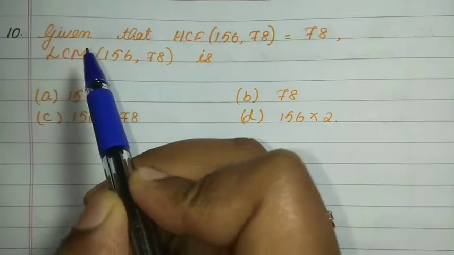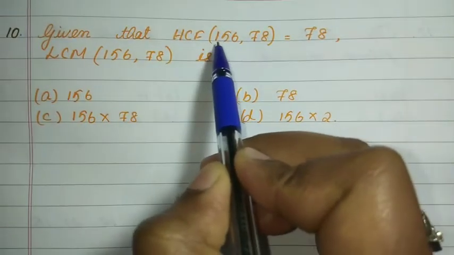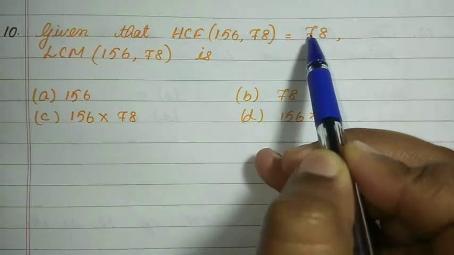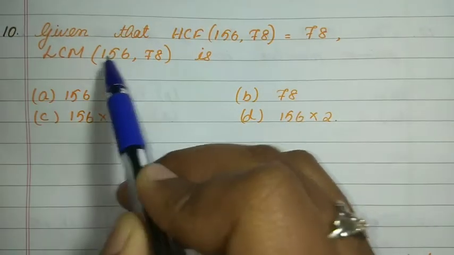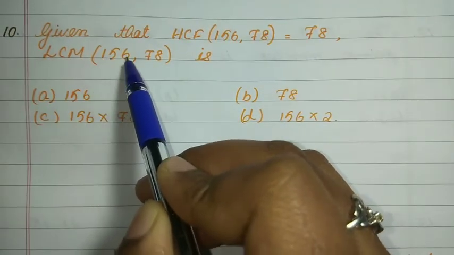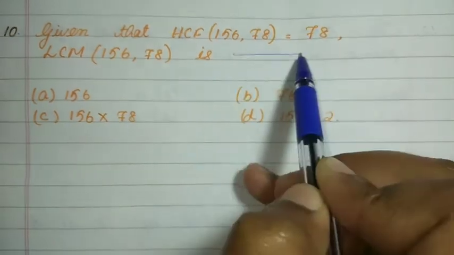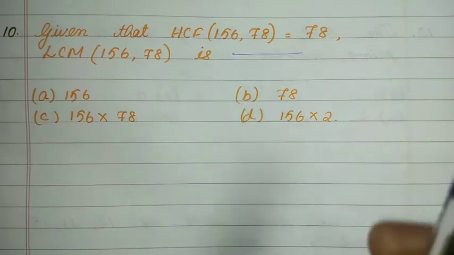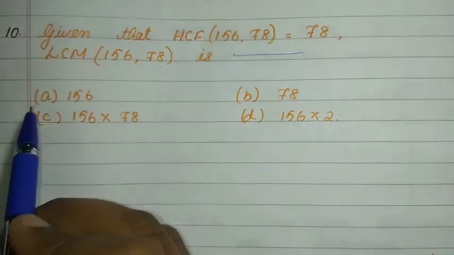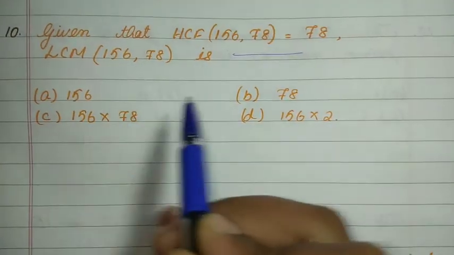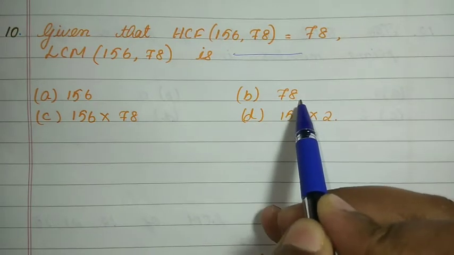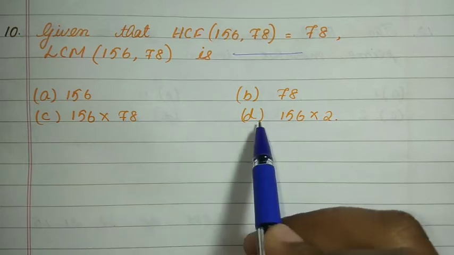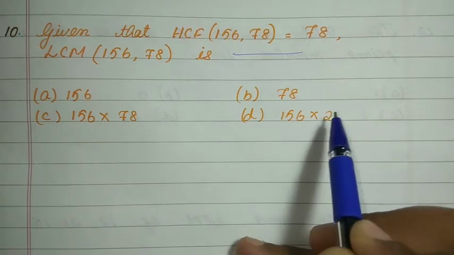Question 10. Given that HCF of 156 and 78 is 78, LCM of 156 and 78 is dash. So now we have to find the LCM of 156 and 78 only. Option A 156, option B 78, option C 156 into 78, option D 156 into 2.